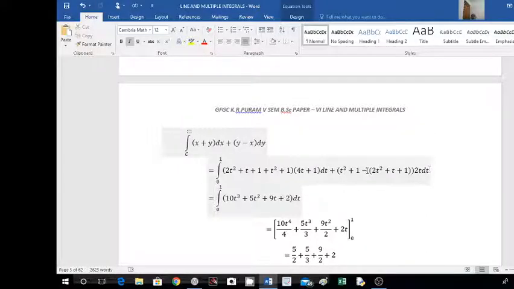Writing dt outside and simplifying, we get 10t cubed plus 5t squared plus 9t plus 2, into dt.